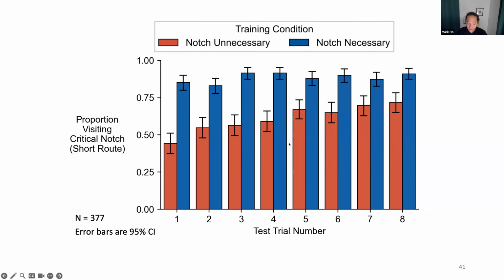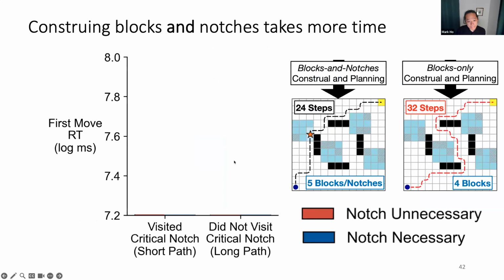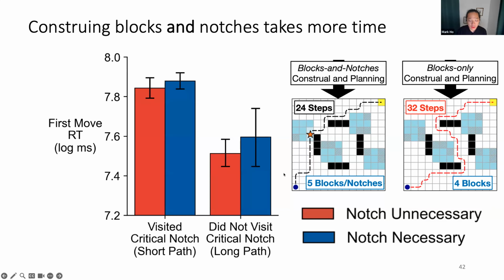And so this is a kind of fixedness, or a kind of rigidity, in how people are solve problems. We have some results about reaction times I can talk about if people are curious later.